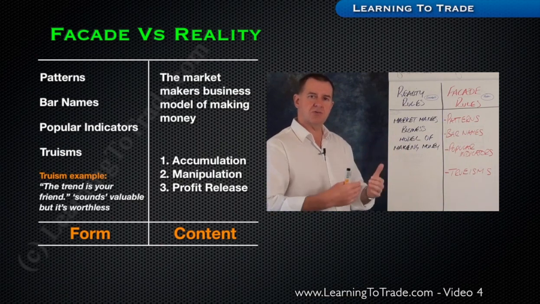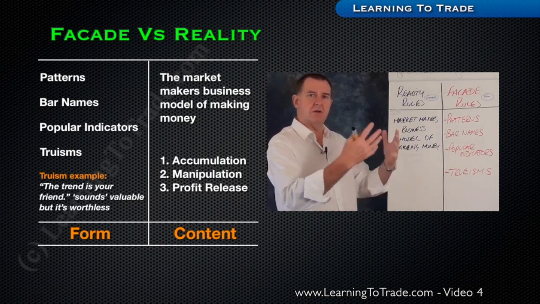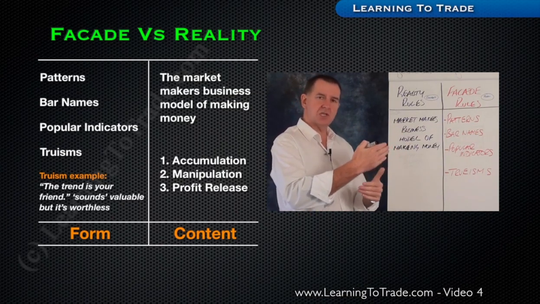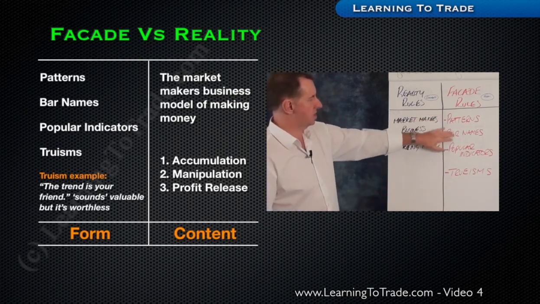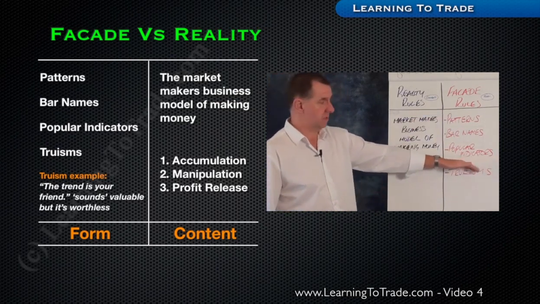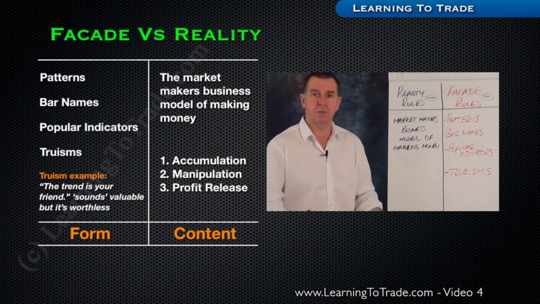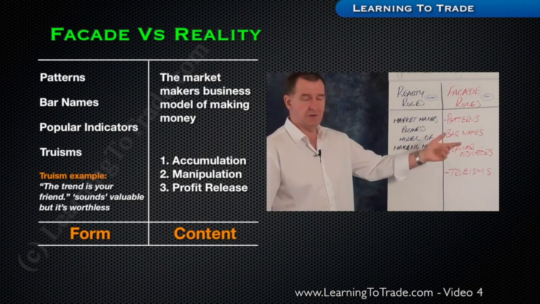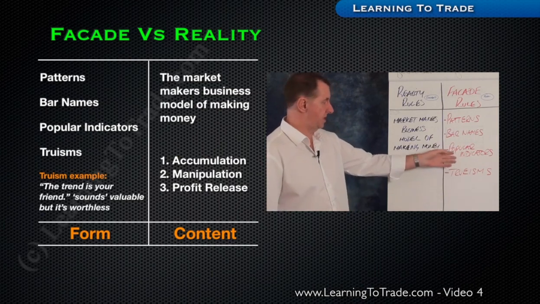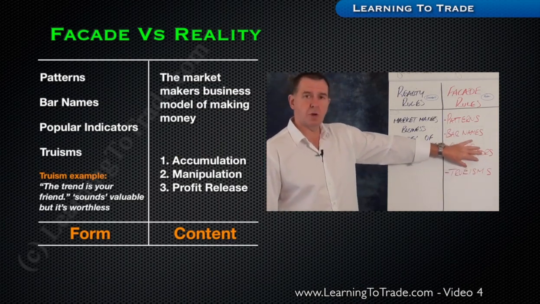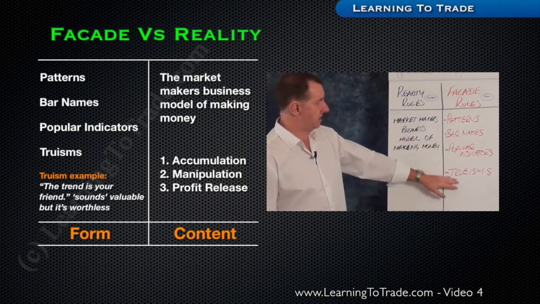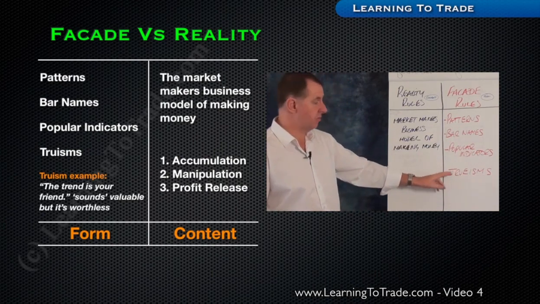It's a constant stream of ever-changing ocean, if you like, a constantly changing stream of information coming through in terms of prices. And we'll start to develop popular indicators. Just go to Google, type in what is the most popular moving average, and you'll find out whatever that is. And so you'll start trading these popular indicators, and you'll be listening to truisms.